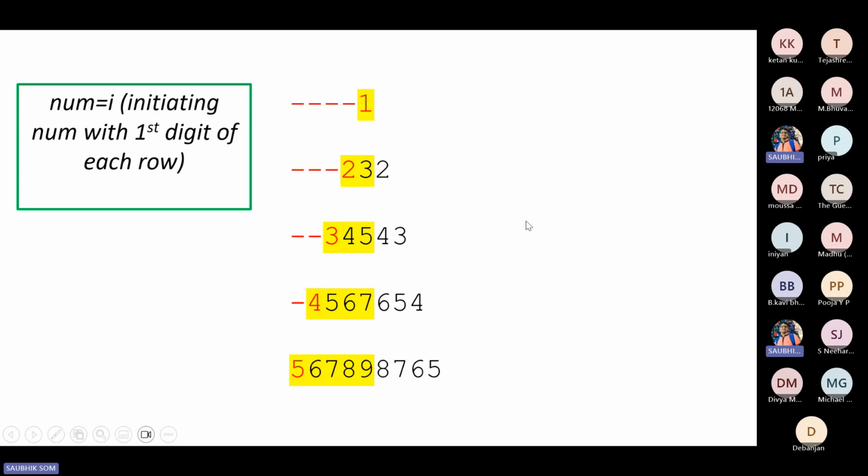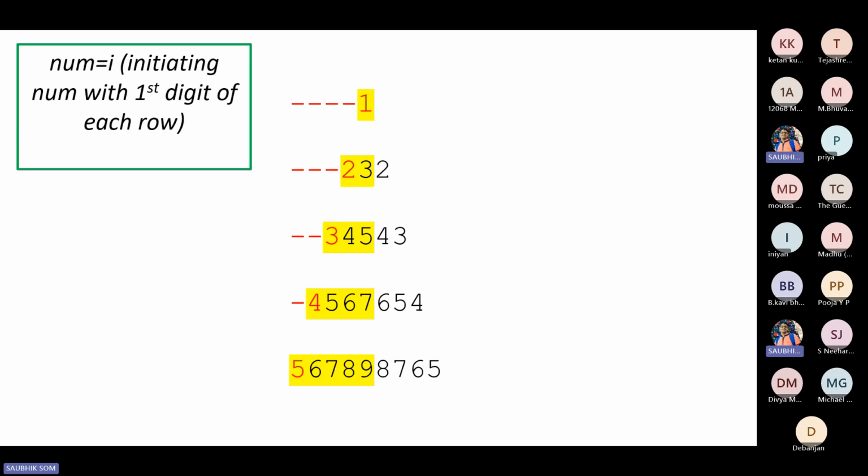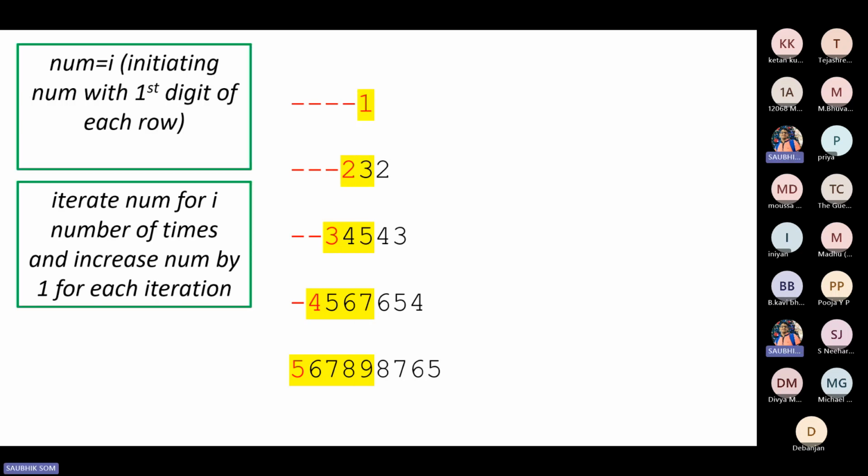For the increasing number, each time the first digit is basically the row number. Second, the count of increasing numbers is equal to the row number, so the iteration should be equal to I, and we increased it.